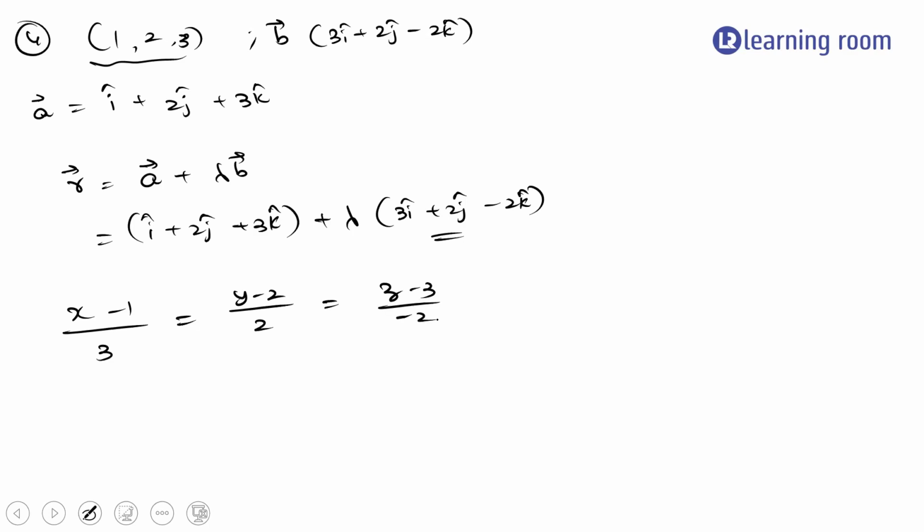Can someone tell me how I wrote it directly? How did I write it in one step? Simple, right? You can remember the formula: (x - x1)/a. So x minus x1 is x - 1, and a is 3. Y minus y1, y - 2, by 2. Z minus 3 divided by -2.